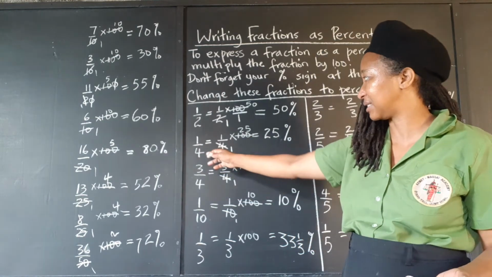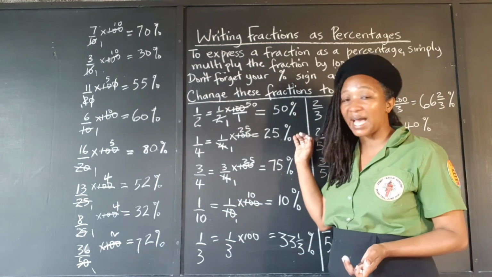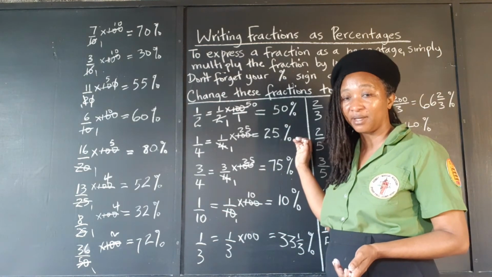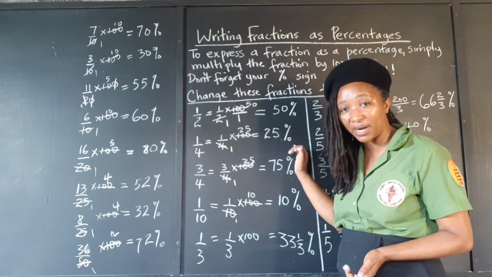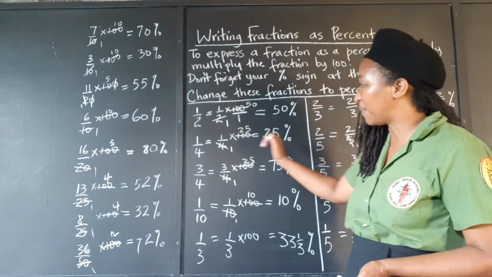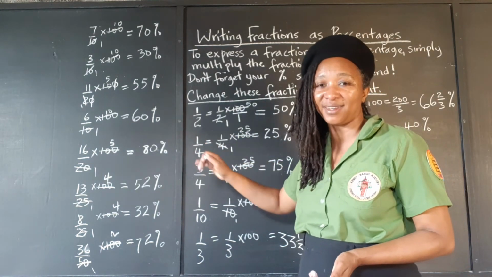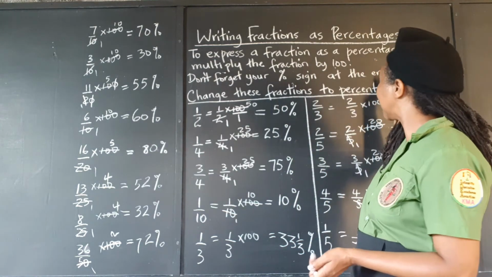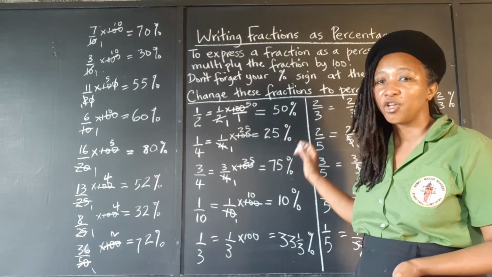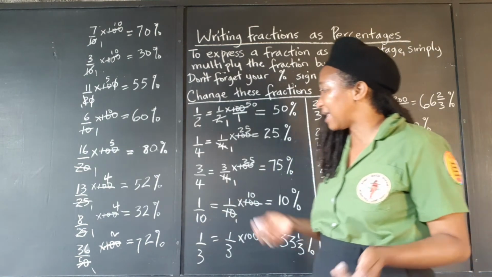But if we put the percent sign, then now they are the same. 25 out of 100 parts is the same as saying 1 out of 4 parts. Get it? So don't leave out your sign. You're expressing it as a percentage, so you must have your percentage sign. And that's the wrap.